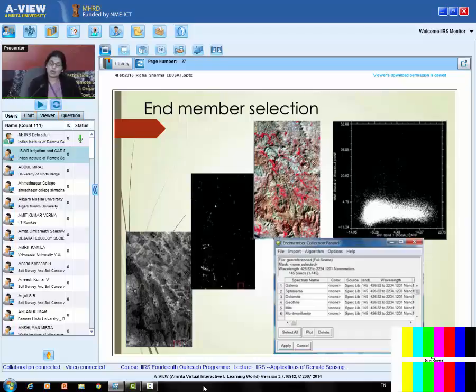The minimum noise fraction will give us images; for example, if in input we have given 224 bands, then the software will give us 224 MNF bands. Out of those MNF bands, we have to select the MNF bands which have the maximum eigenvalues, and the bands which have eigenvalues near unity, or around 1, will contain only noise, so we don't have to choose them.